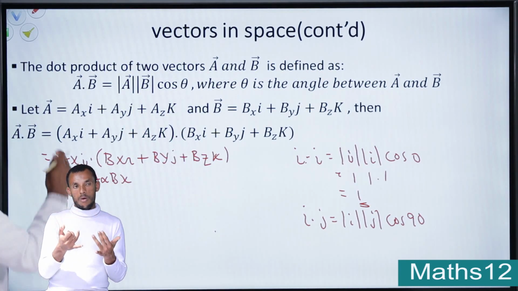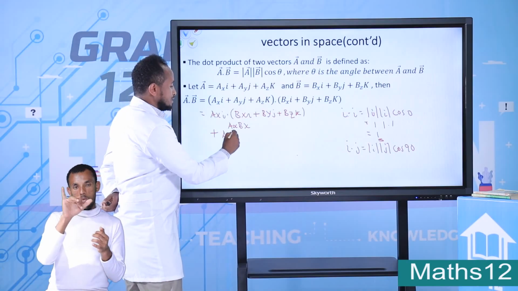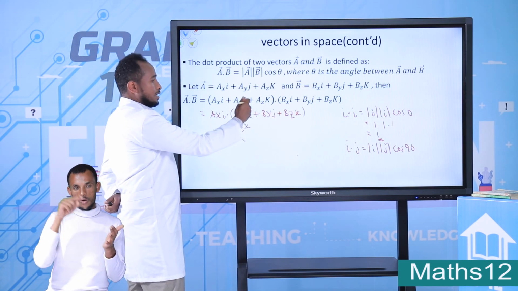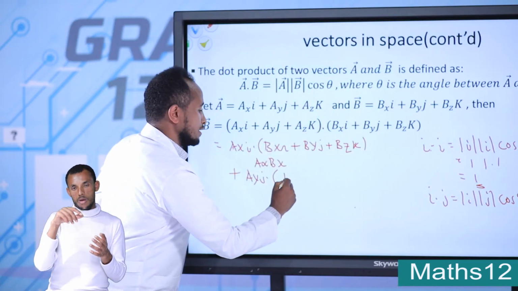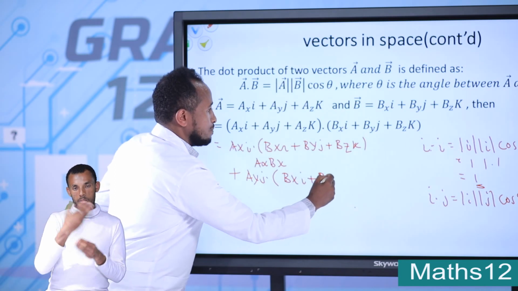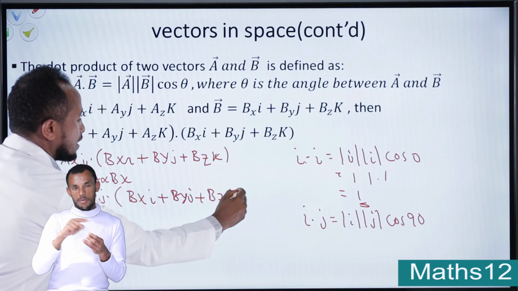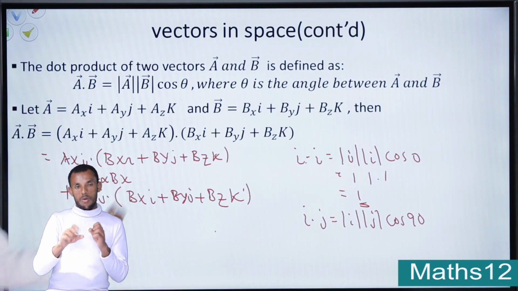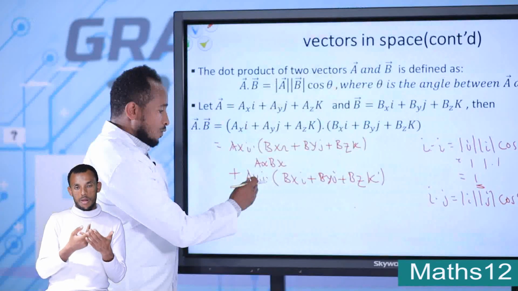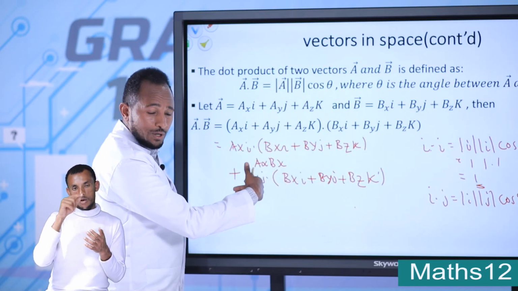Now plus, let's distribute Ay J dotted with Bx in the I plus By in the J plus Bz in the K. So Ay J dot Bx I, J dot I becomes 0.